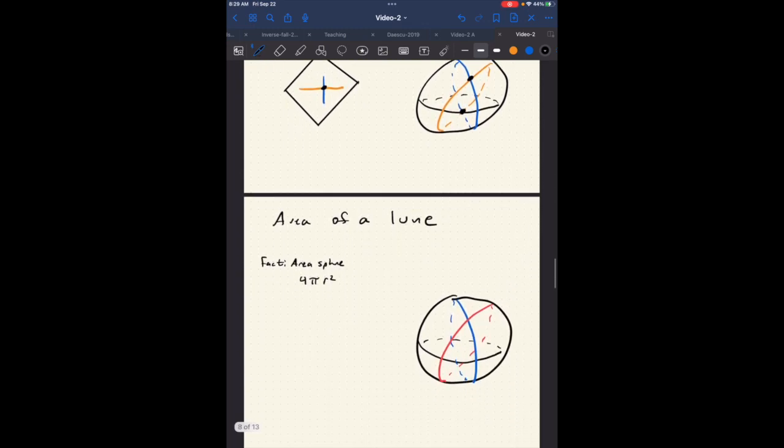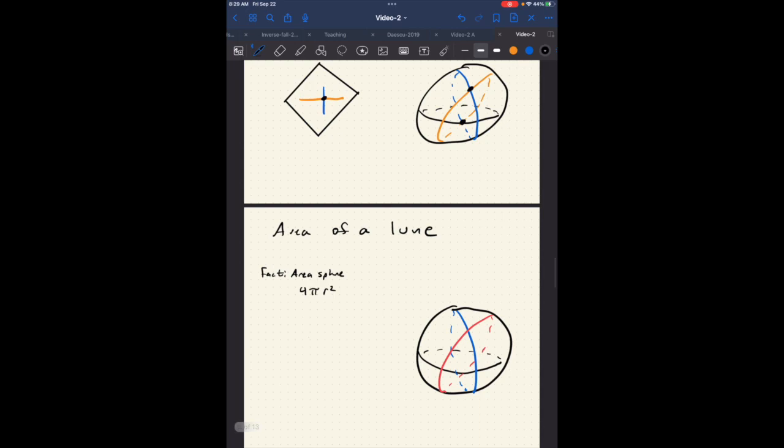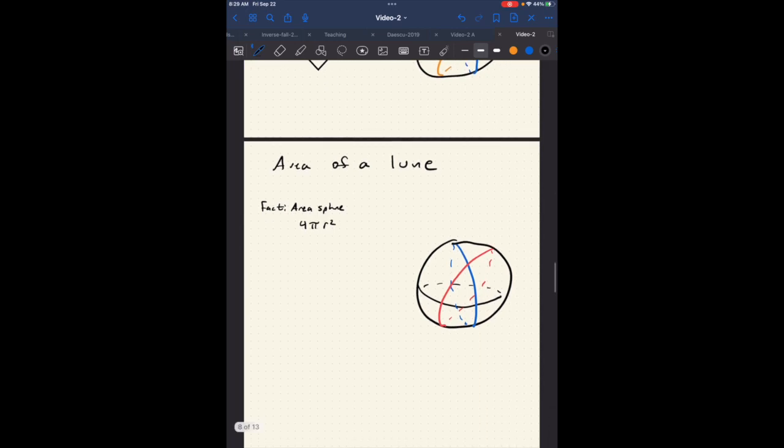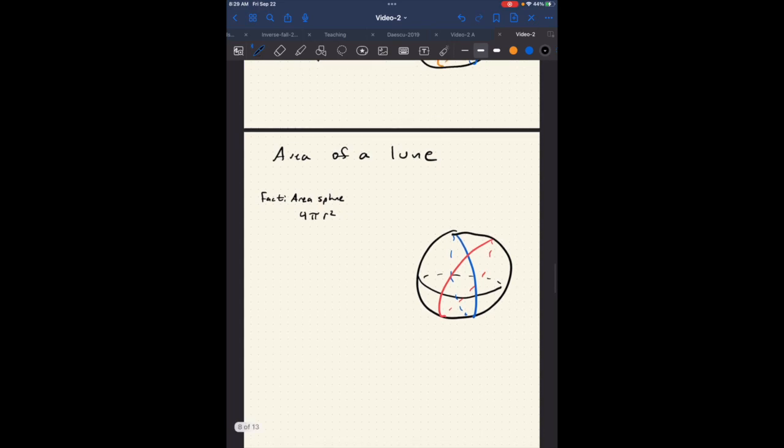Okay, so when we draw two non-parallel lines on the sphere, we get this nice shape that kind of looks like a moon, so we call it a loon. And we'll just use the fact that the area of a sphere of radius r is 4 pi r squared. For us, we're dealing with the unit sphere here, so just 4 pi. We'd like to calculate the area of this loon in terms of our interior angle alpha.